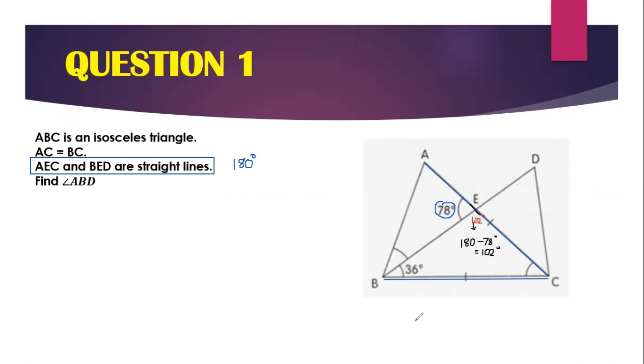Now look at the triangle BEC. B, E, C. B is 36 degrees.